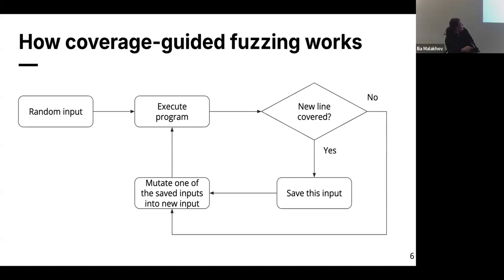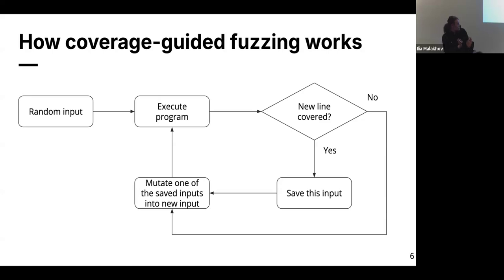Here you can see how such fuzzers work. They basically generate a random input, then execute the program with this input, and check if they covered a new line during this execution. If yes, then this is good, and we save this input.